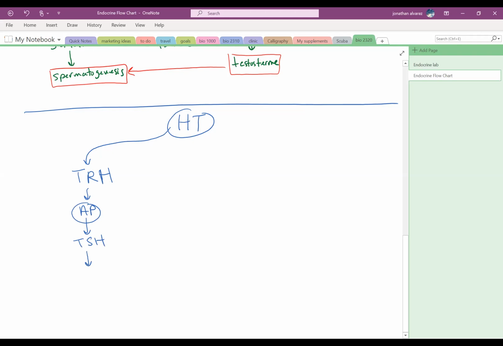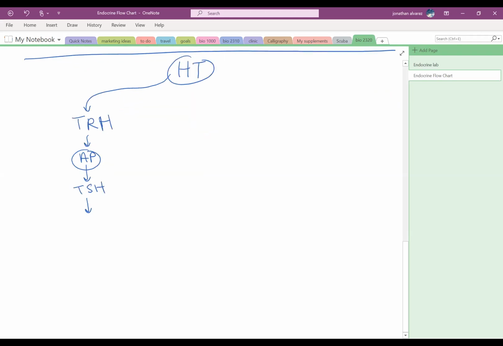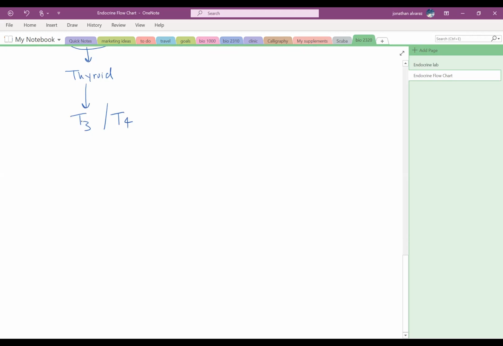The answer is kind of in the word: thyroid stimulating hormone. What's going to be stimulated? The thyroid. The thyroid is going to release your T3 and T4. T3 is the triiodothyronine, T4 is the thyroxine.